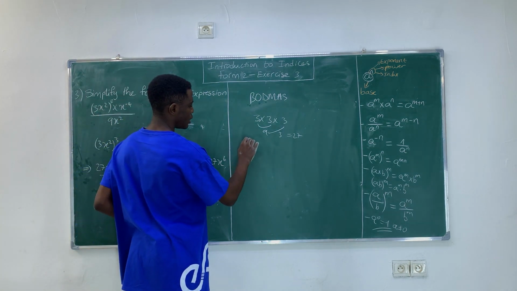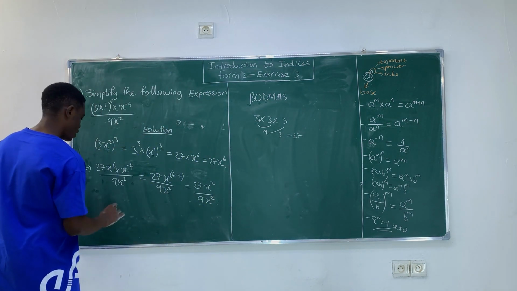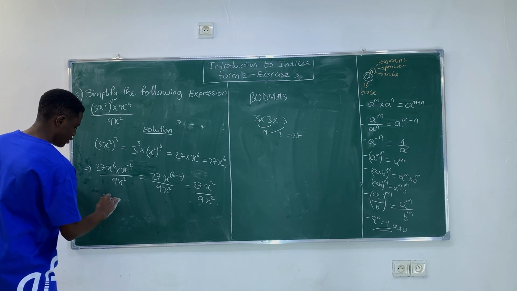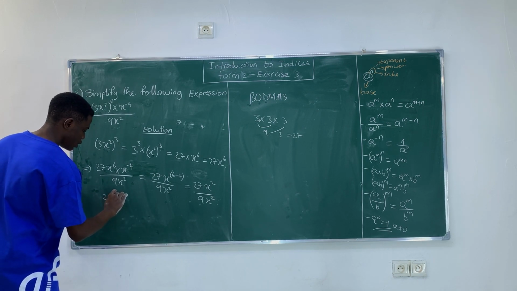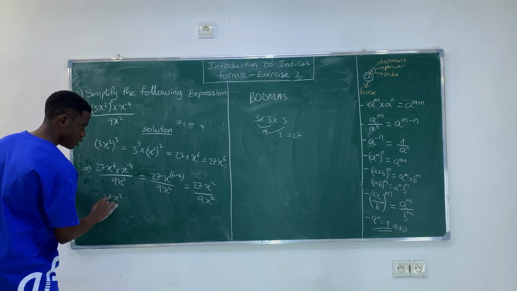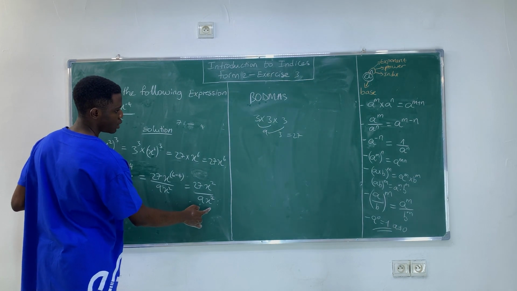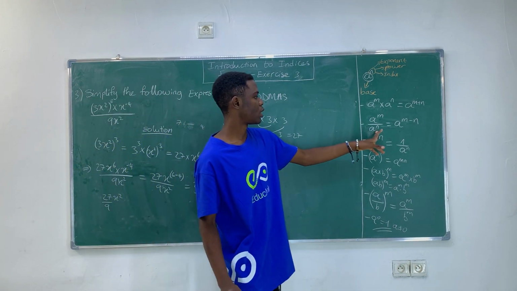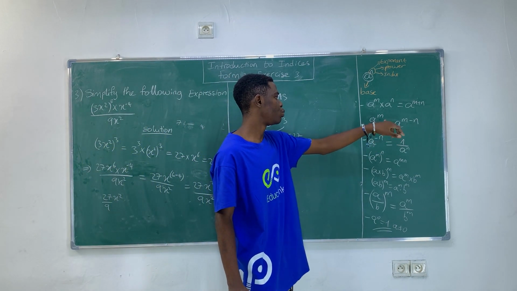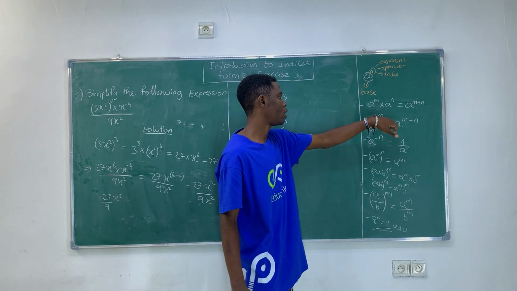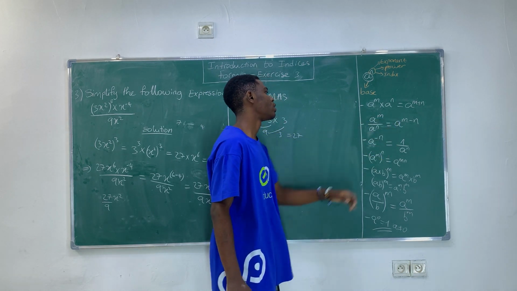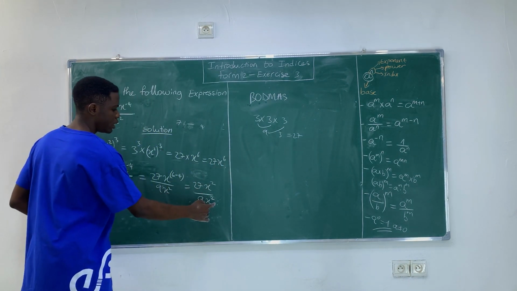You can choose to say 27x squared all over 9x squared. Since you have x squared divided by x squared, we use the quotient rule and put it as x to the power m minus n. In this case, our m is 2 and our n is 2.